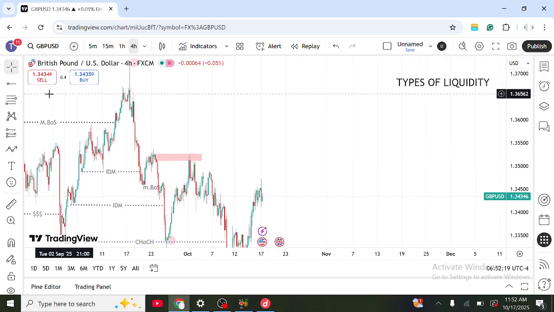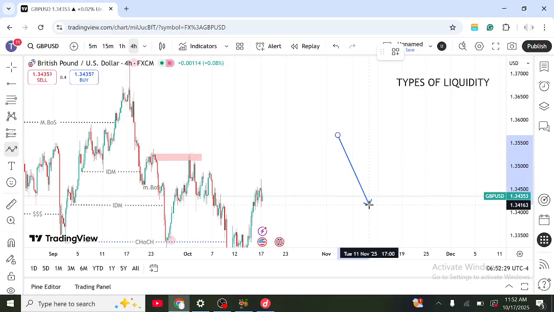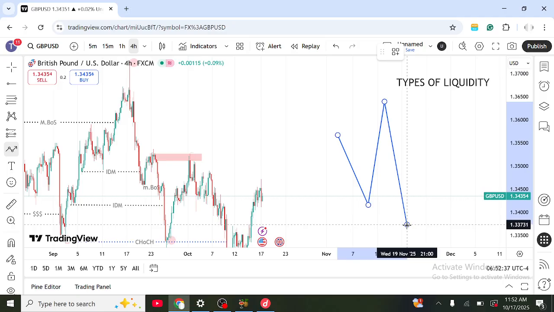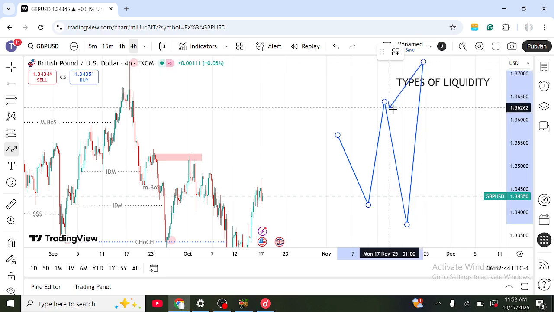So I'm going to be drawing and showing you right now the types that we have with a bullish example. So let's say that price dropped to the downside like this, and then takes out this high, okay, and then drops to take out this low. You get that? And then pushes up to take out this high.